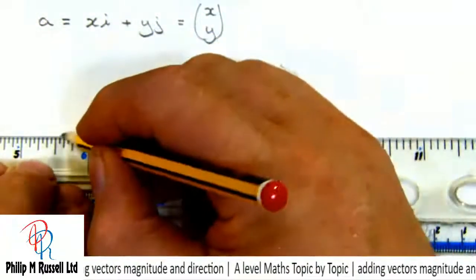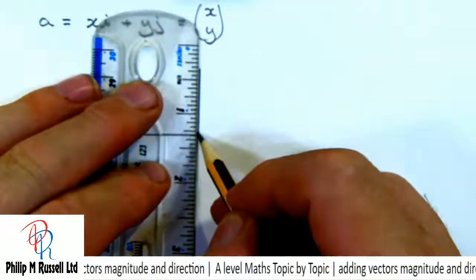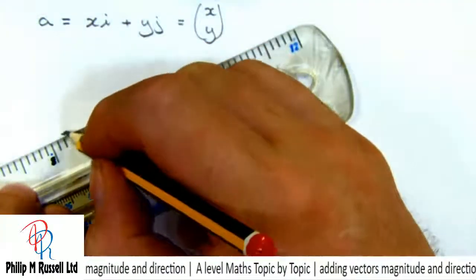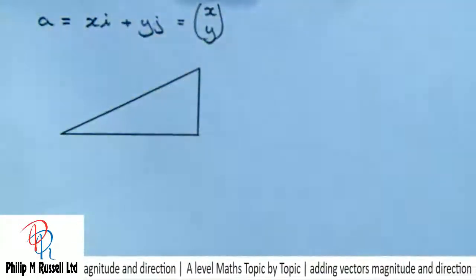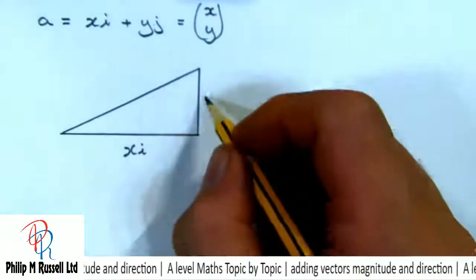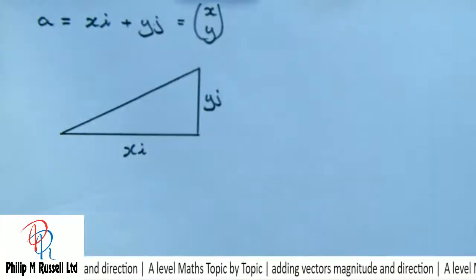So if we draw out here our little triangle, this is our i, this is our j.